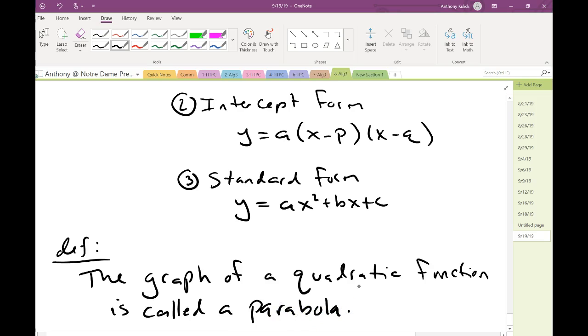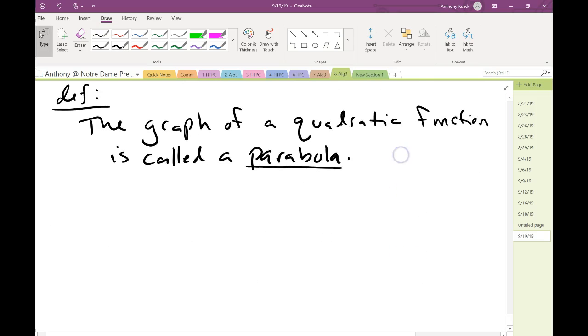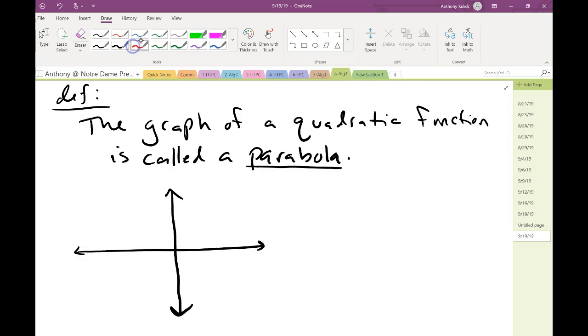So the graph of a quadratic function, we call that a parabola. So a parabola will look like one of two ways.